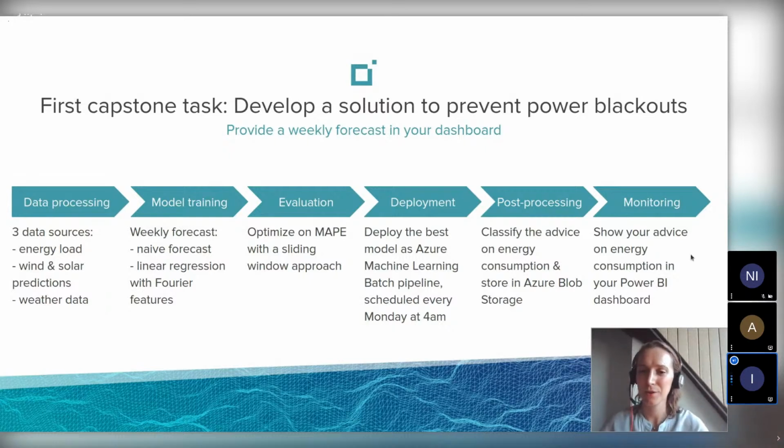But to get there, you have to go through all the steps of the machine learning engineering process and apply everything you learned so far in this training. So really start at the data processing, which will combine 3 different data sources: energy, wind and solar, and weather.